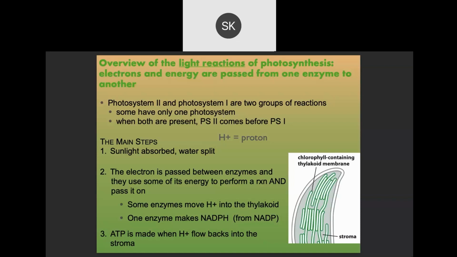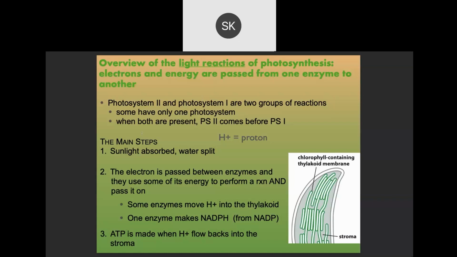That's just because it was discovered second, because we studied photosystem 1 first. I think it was found in bacteria first, and so we knew about it first. It's called photosystem 1. So if you are looking at a plant species, it probably has both of these photosystems, and photosystem 2 comes first.